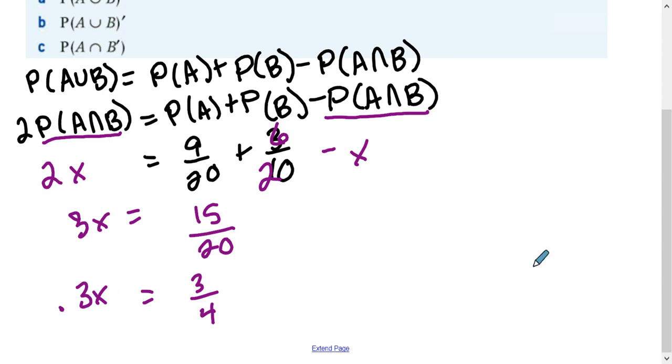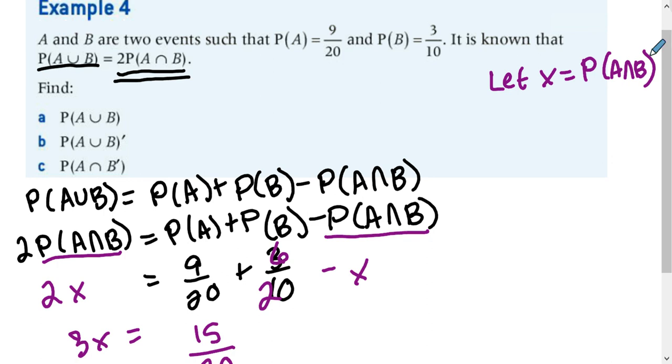You have to get X by itself, so get rid of multiplying by 3 by dividing by 3. So I'm going to divide both sides by 3. Dividing by 3 is the same thing as multiplying by the reciprocal, which means X equals 1/4. So now I've solved for X. X was this.